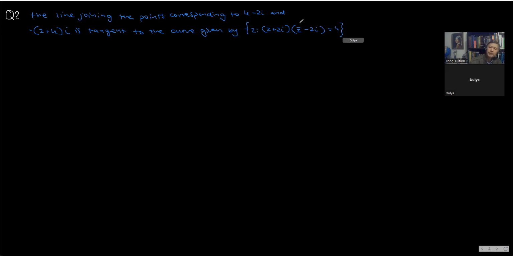Oh, wow. Tangent. Find the value of k. Okay, k is a constant, k is unknown, right? Okay, so this is a k over here.